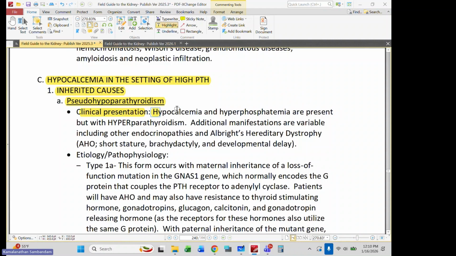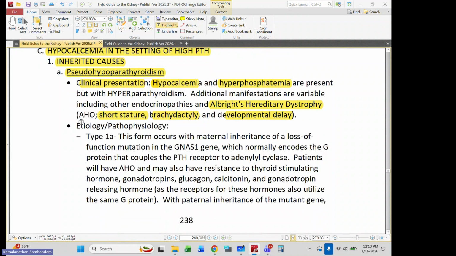So I would have the expected phenotype of low serum calcium and high phosphorus. We shouldn't have to belabor those points anymore since we've gone over them so many times. And then you'll have this so-called osteodystrophy, or Albright's hereditary osteodystrophy, that may manifest in a variety of ways: developmental delay and skeletal malformations that are characteristic of that.